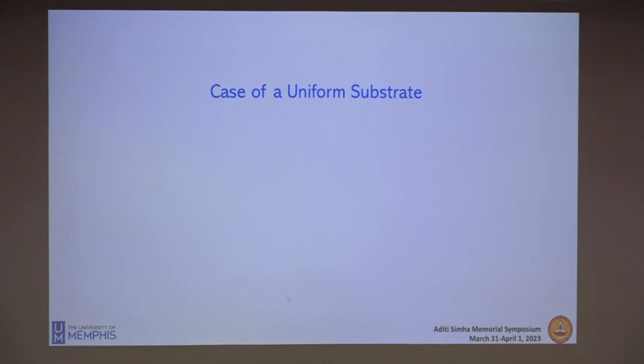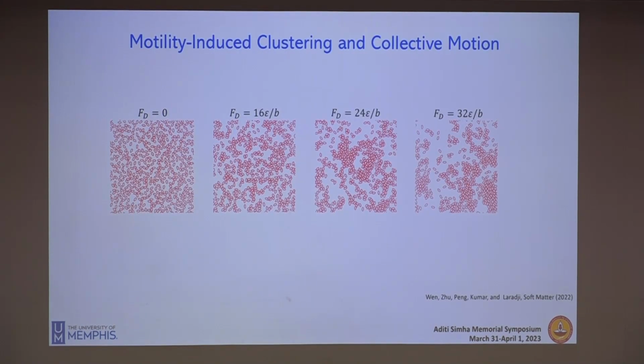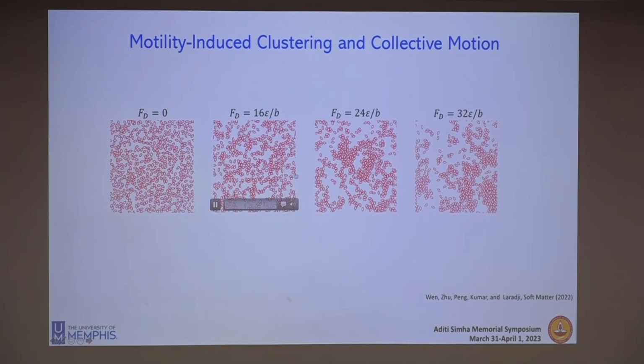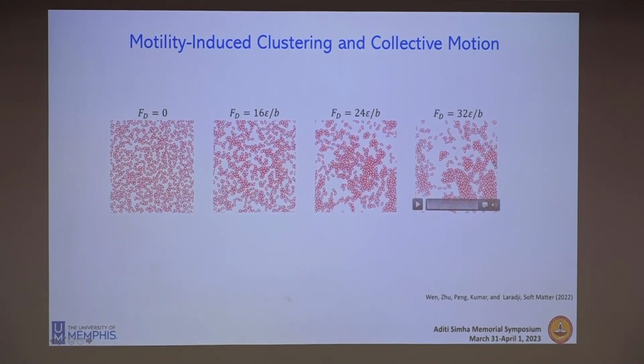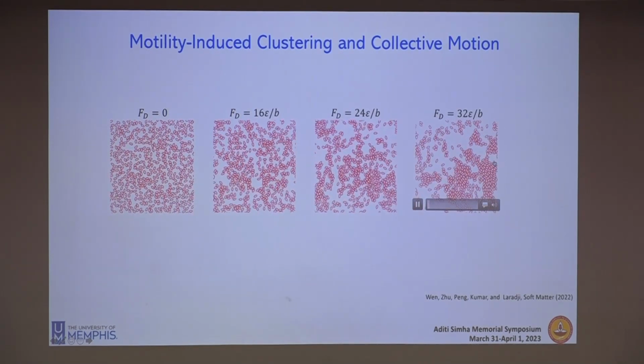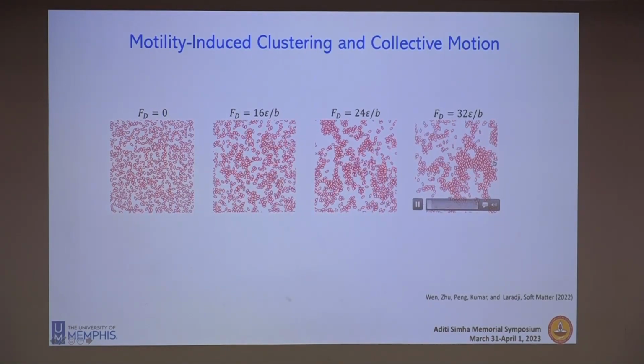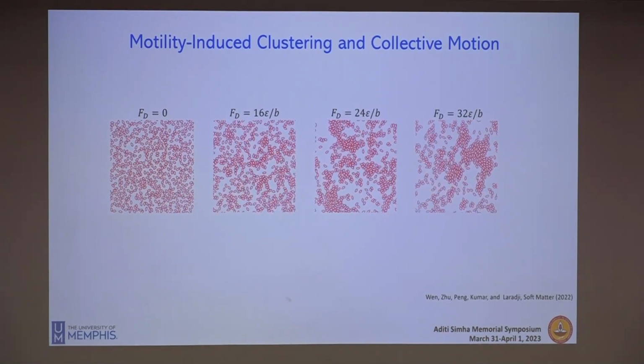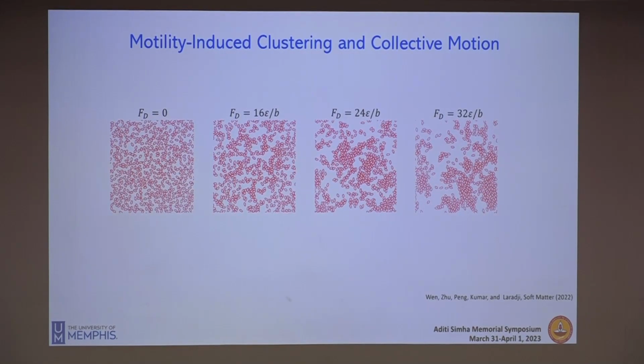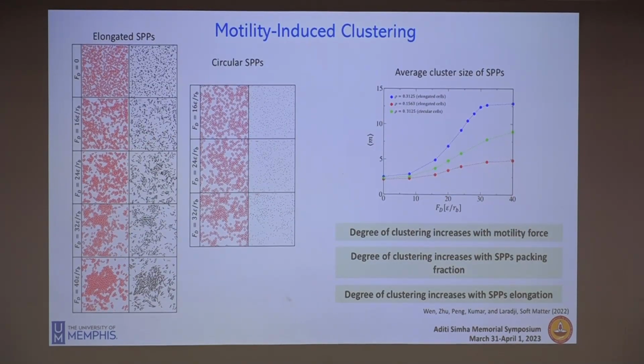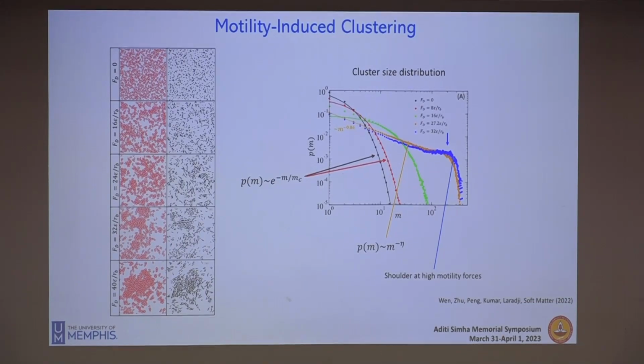In the case of a uniform system, without any constraint, one sees the usual collective behavior that depends on the driving force. The higher the driving force, the higher the amount of collective behavior in the system, and that was quantified by, for example, the average cluster size as well as the cluster size distribution.